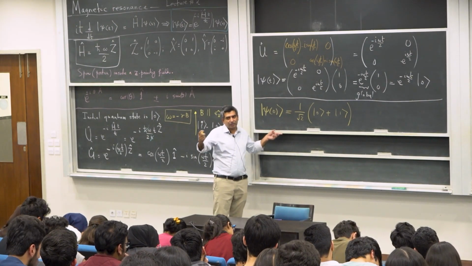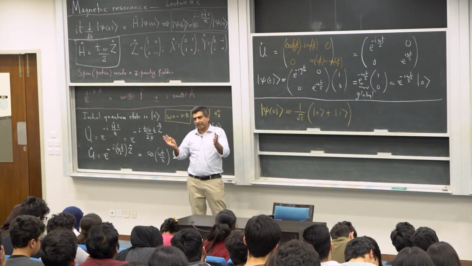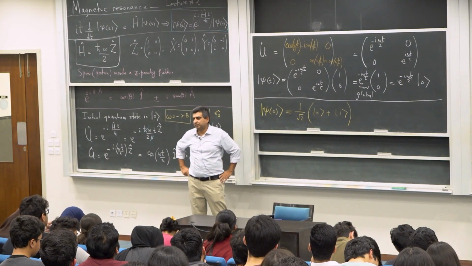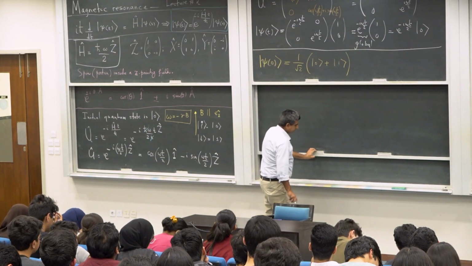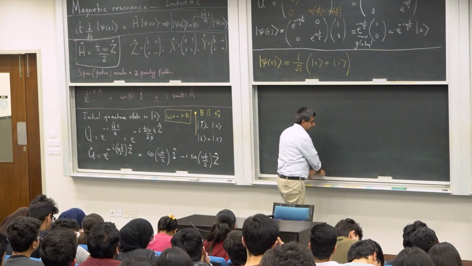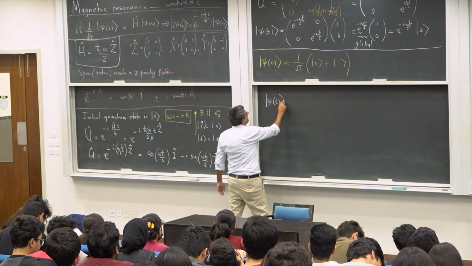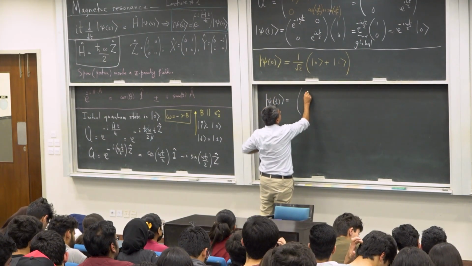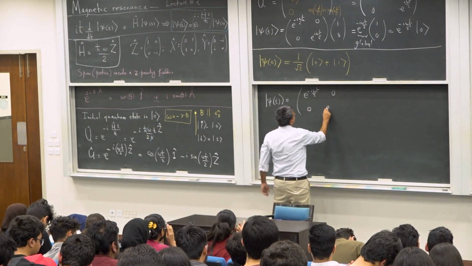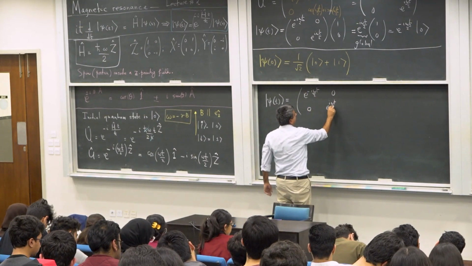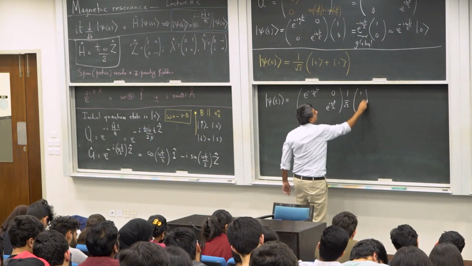So my initial quantum state has changed. The propagator, the unitary operator remains the same as it originally was. Right?